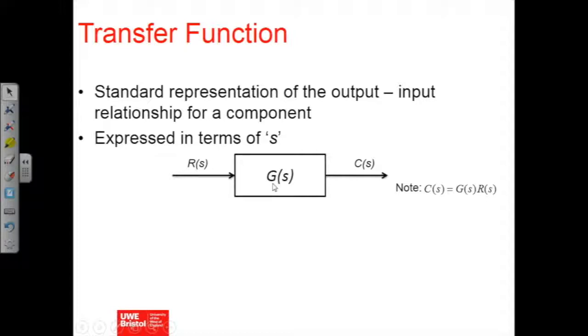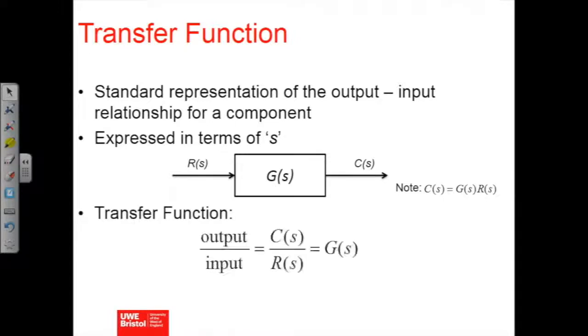It's traditionally labeled as G, for transfer functions in a forward path, and they're always defined as output over input equals some expression. So what we get to is a very simple format relating the output of the system to the input.